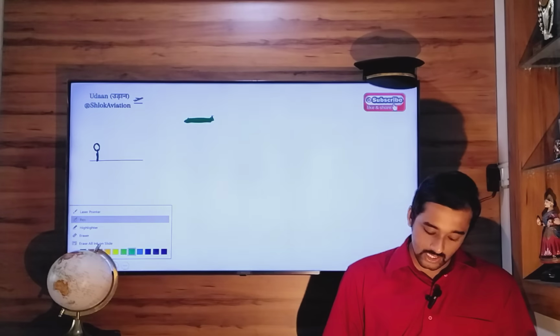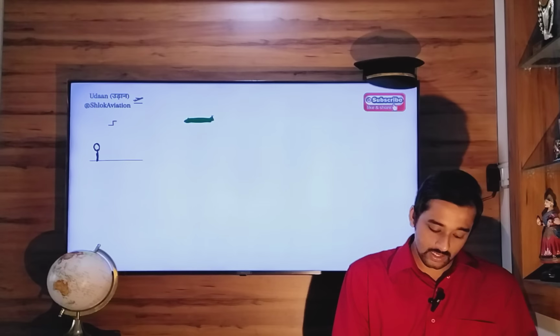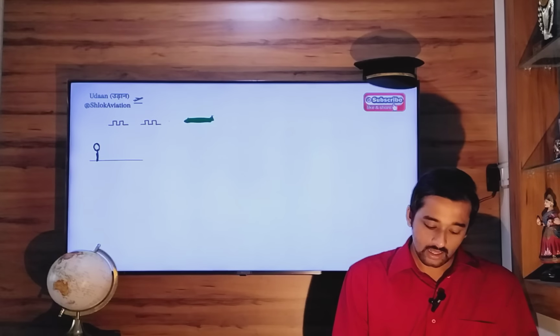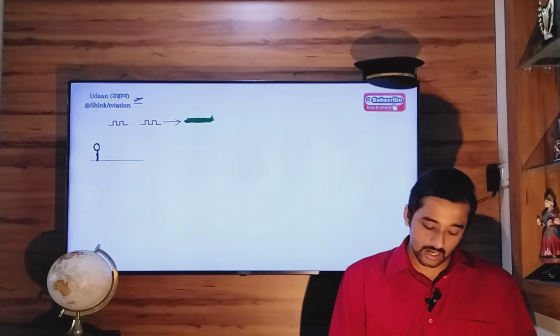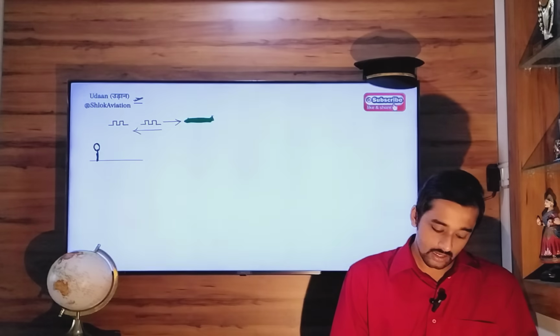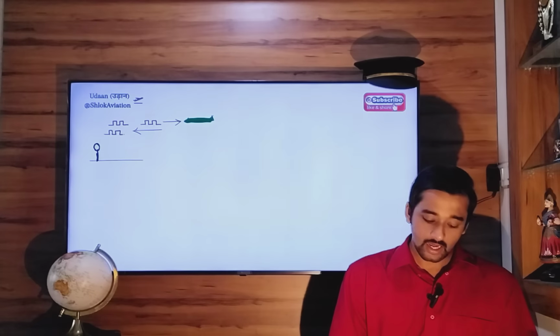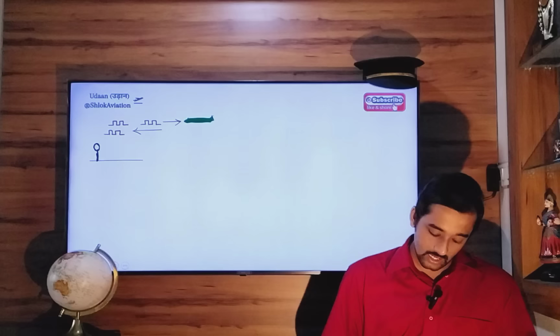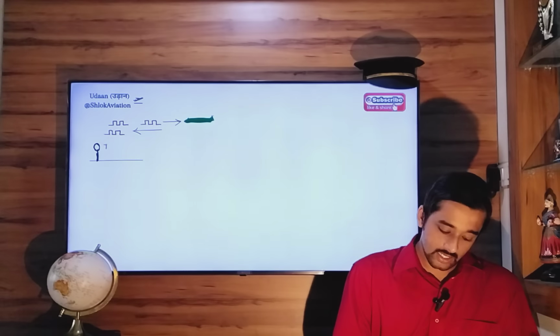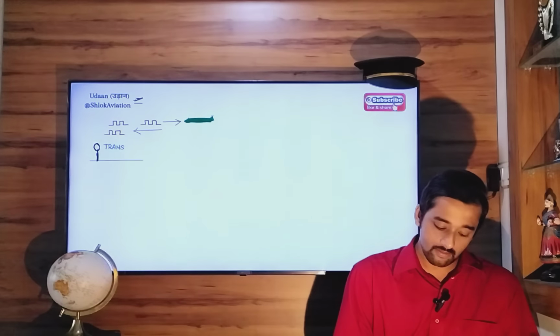So it will transmit a radio pulse or radar pulse in the direction of this target. This radio pulse will strike the target and come back at the receiver. Now, in case of primary radar, the transmitter as well as the receiver is going to be the same.